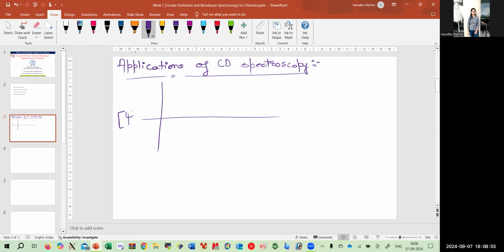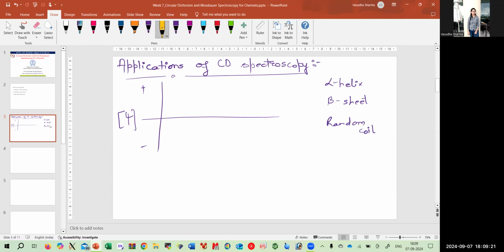We were talking about the ellipticity, positive and negative, and we discussed it in proteins, mainly secondary structures, which are the alpha helix, beta sheet, and random coil.